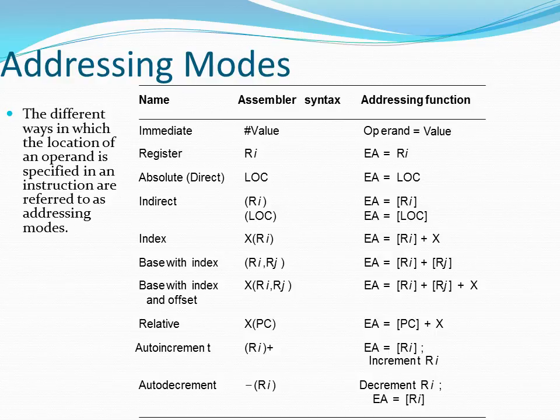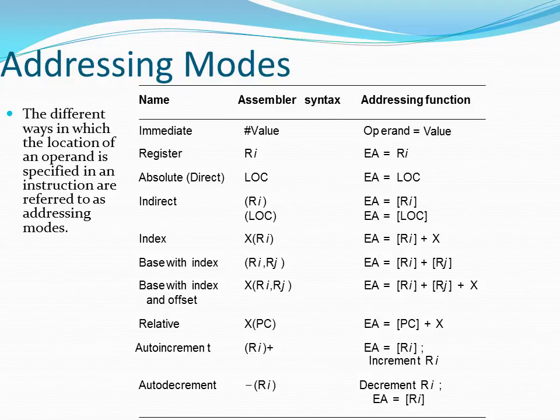But in this case the operand is not present in the register. In the register we have some memory address or value. In that particular location we have the operand, so the effective address is equal to braces of RI. And similarly, the effective address is equal to braces of LOC. So this is about indirect addressing mode.